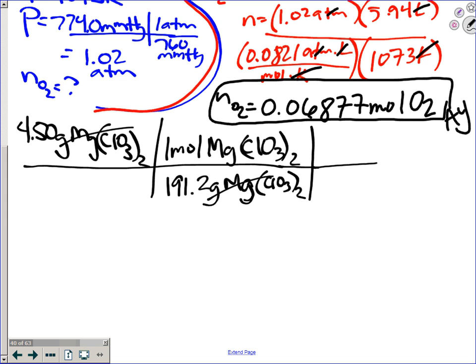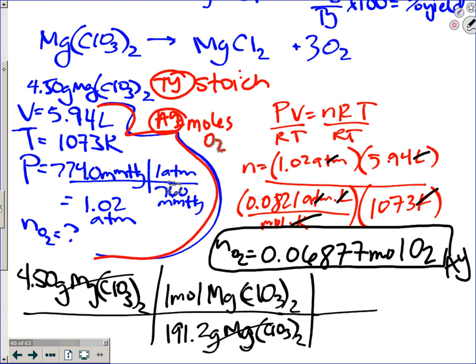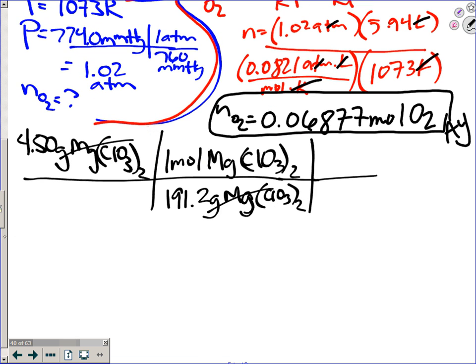Okay, where am I pulling mole ratios from? Okay, so which two do I care about? Magnesium chlorate and oxygen. So that's a what to what ratio? 3 to 1. Good. So I'll put 3 moles of oxygen on top, and then 1 mole of magnesium chlorate on the bottom.